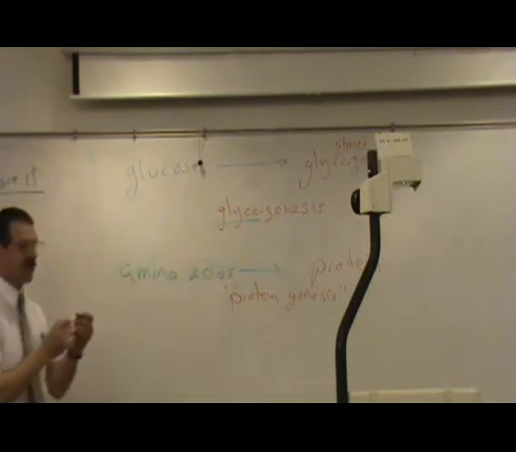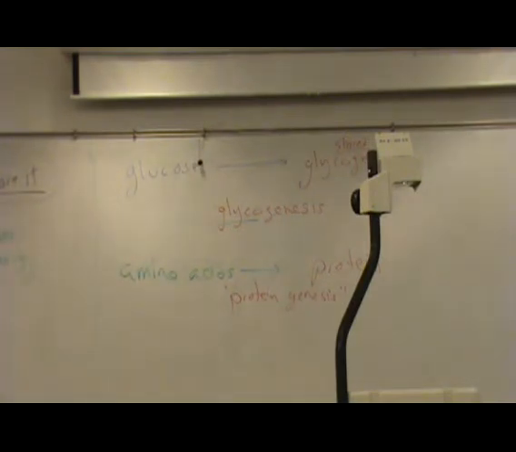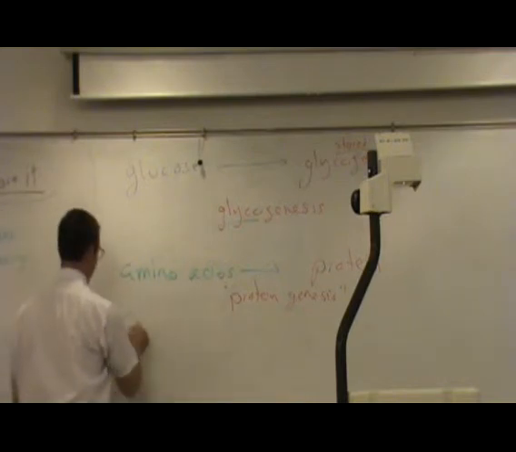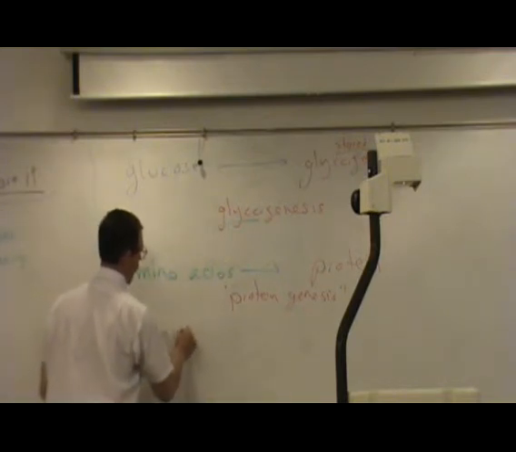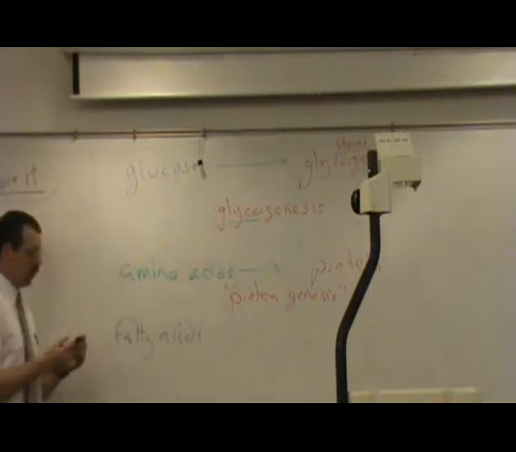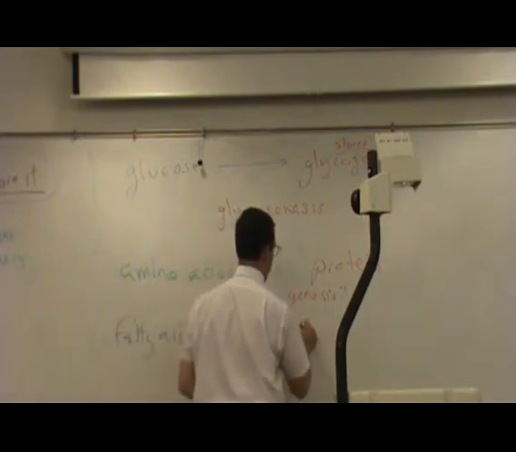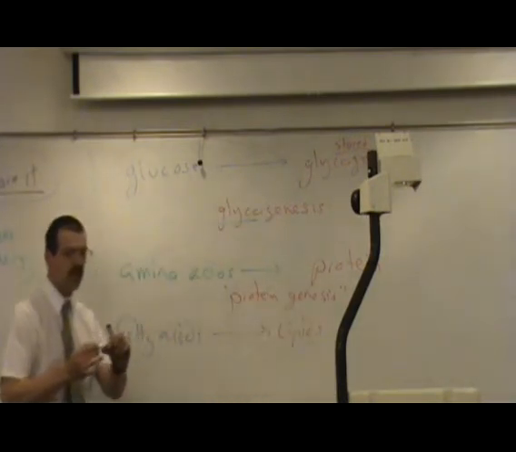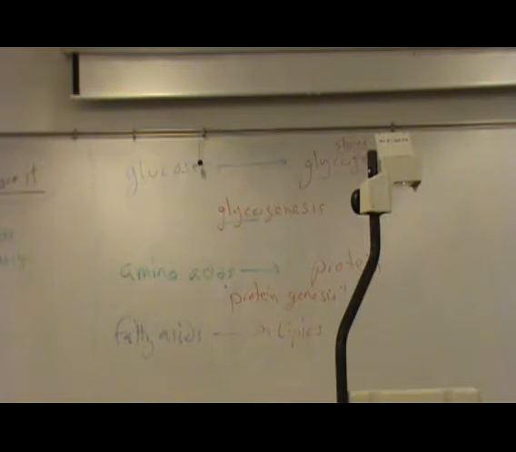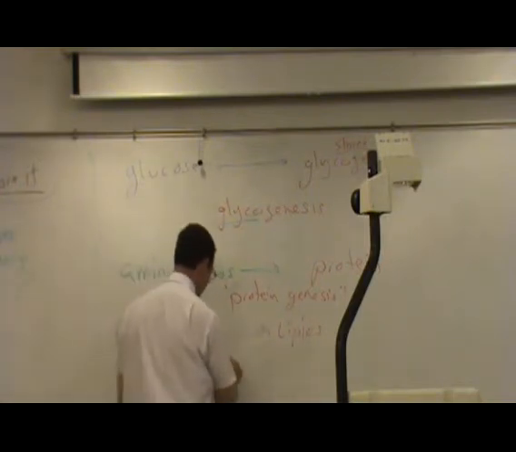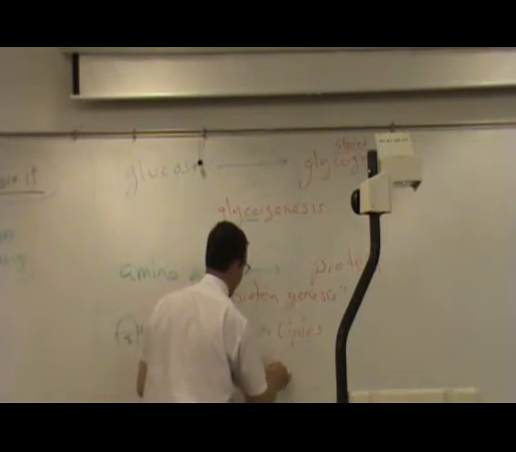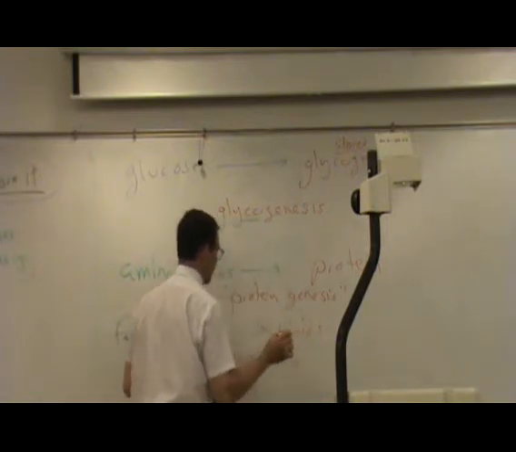I created it, so there it is. Protein genesis. Let's keep going. Fatty acids. What do I store fatty acids as? Lipids, or fat, or adipose tissue. What do we call it when I store fat? Lipogenesis. Is that one real? That is real. On every billboard.